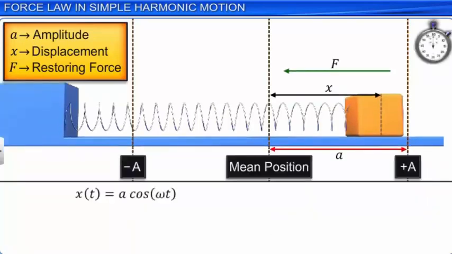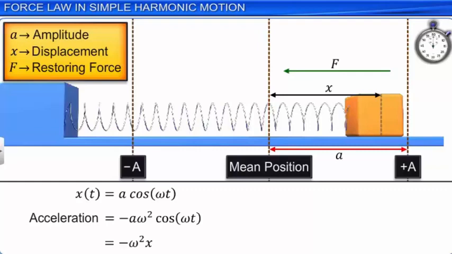Earlier we saw that the acceleration of a particle in simple harmonic motion is equal to minus a omega square cos omega t, which is equal to minus omega square x, since the displacement in simple harmonic motion is equal to a cos omega t.